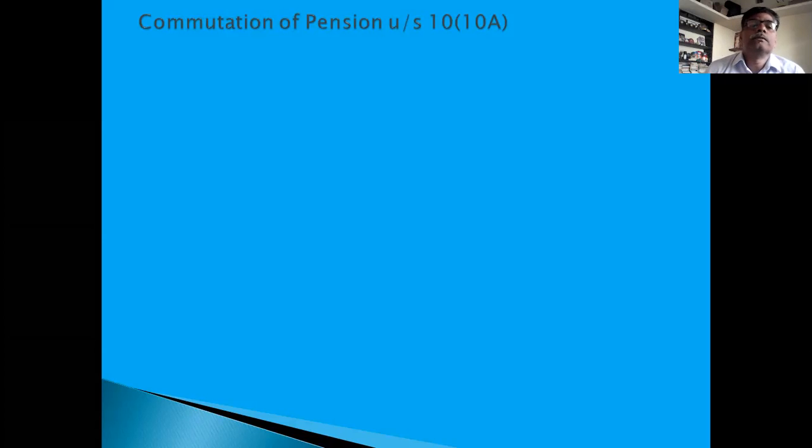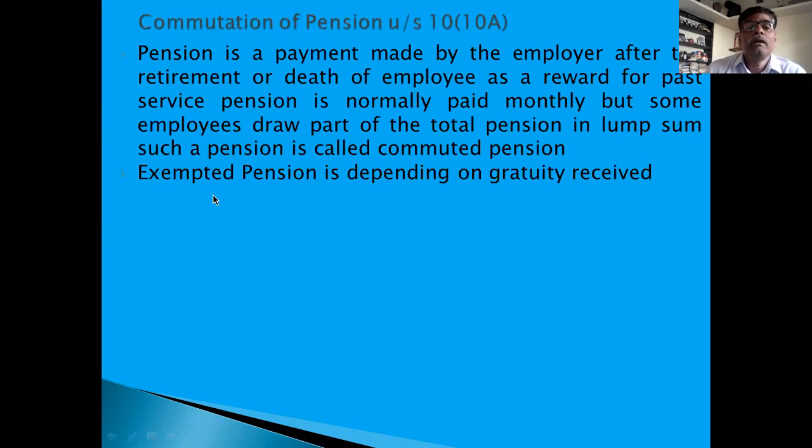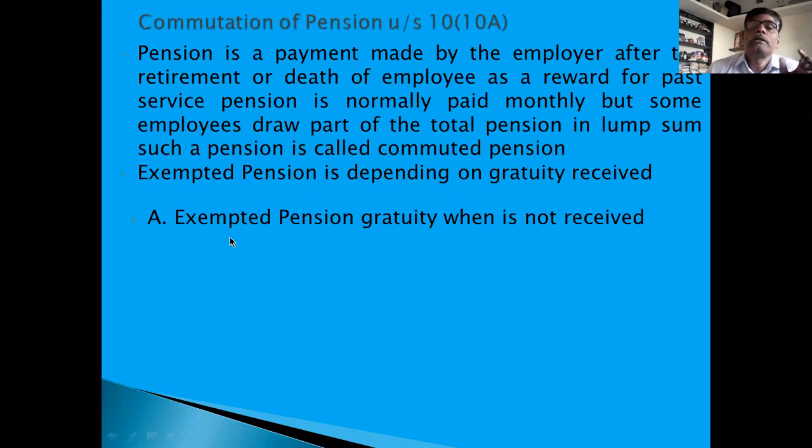Then how to calculate this amount? Exempted pension depends upon the gratuity received, so the employees are classified into 2 categories: employees who received gratuity and employees who did not receive gratuity.